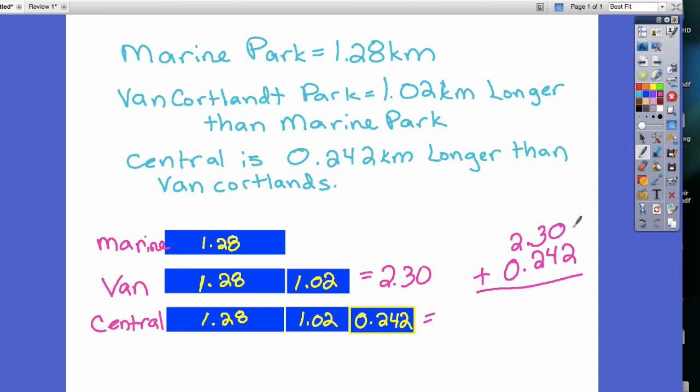Thank you. Okay, 2 plus 0 is 2. 4 plus 0. 4. 3 plus 2. 5. 2 plus 0. 2. Don't forget to bring down the decimal. So if you have not written this in your book yet, take time to do so, please.